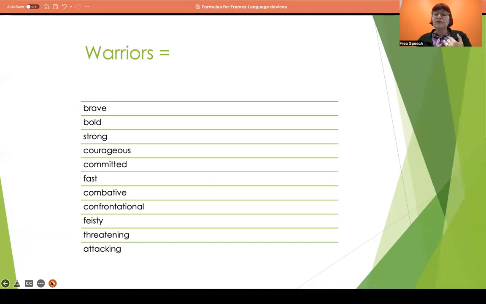Or if I use a metaphor, I just say the Dockers were warriors on Saturday. So I'm just putting the two together as if one was the other. Those children are animals. Those Dockers were warriors.